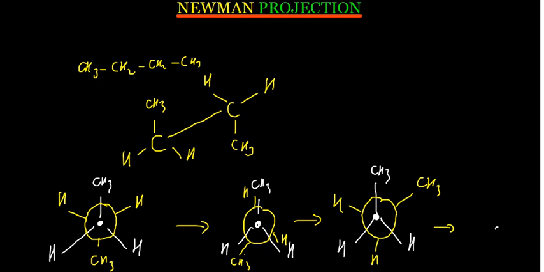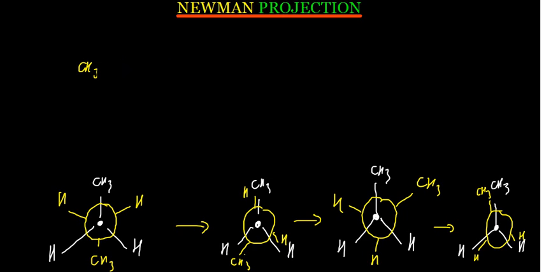I still have the carbon which is in front with the CH3 here, and then there is a hydrogen here, there's another hydrogen there. Now the eclipse configuration again, this carbon, the methyl group, let me take it closer to the other methyl group, is here, meaning that the other hydrogen is going to be somewhere here, and then the other hydrogen is going to be somewhere here. So these are some configurations that we're able to see.